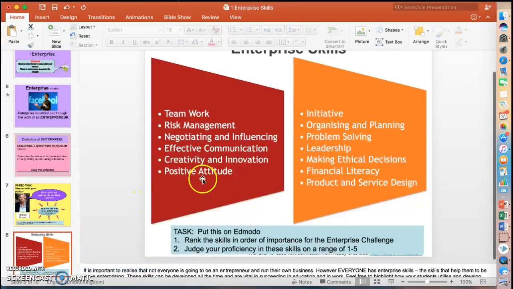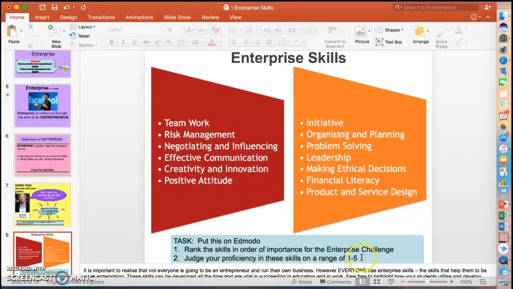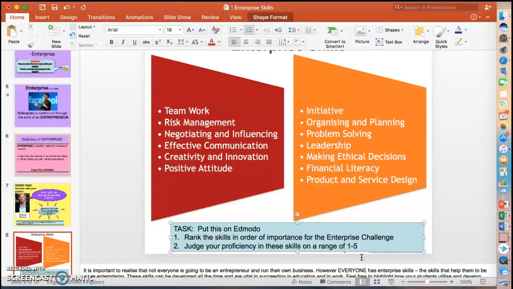So when you've done that, there's a list of skills here, of enterprise skills, that we want you to look at and rank in the importance that you think these are required for doing the enterprise challenge in your groups. Okay, rank the skills in order of importance and then judge your proficiency, how good you think you are, on a range of 1 to 5. 1 being hopeless, 5 being awesome.